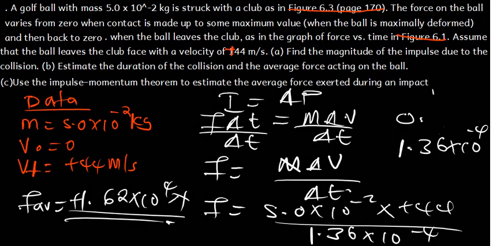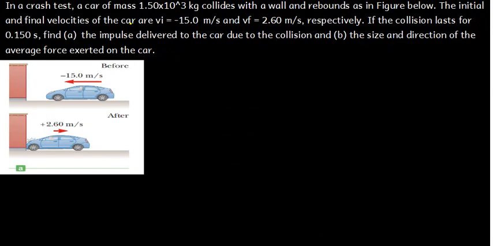Okay, so let's see if we can solve another question, which is saying in a crash test, a car of mass 1.5 times 10 raised to the power 3 kgs collides with a wall and rebounds as shown in the figure below.